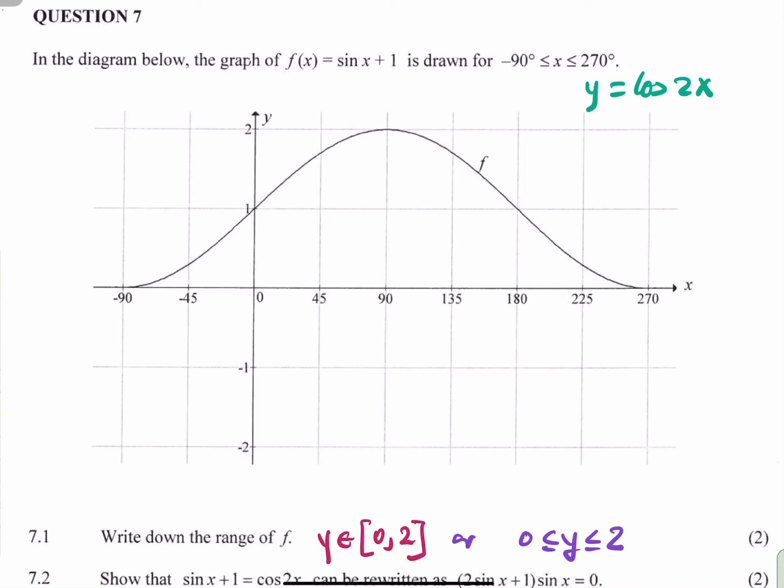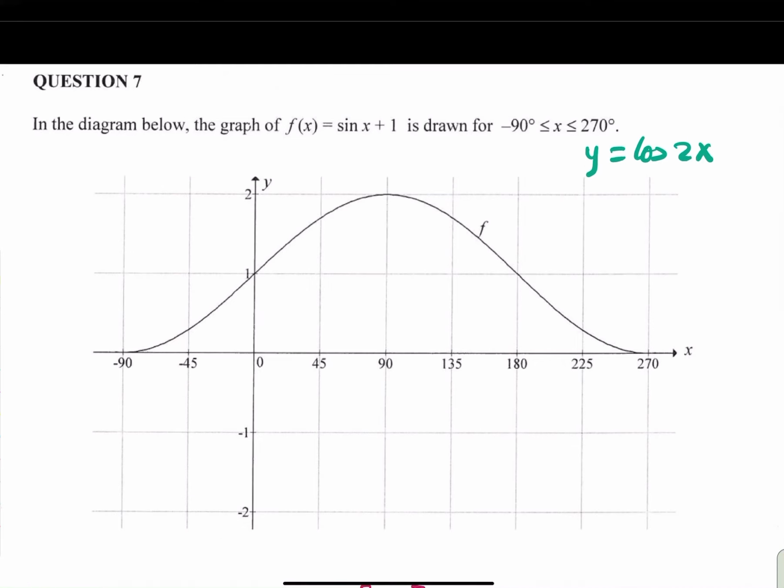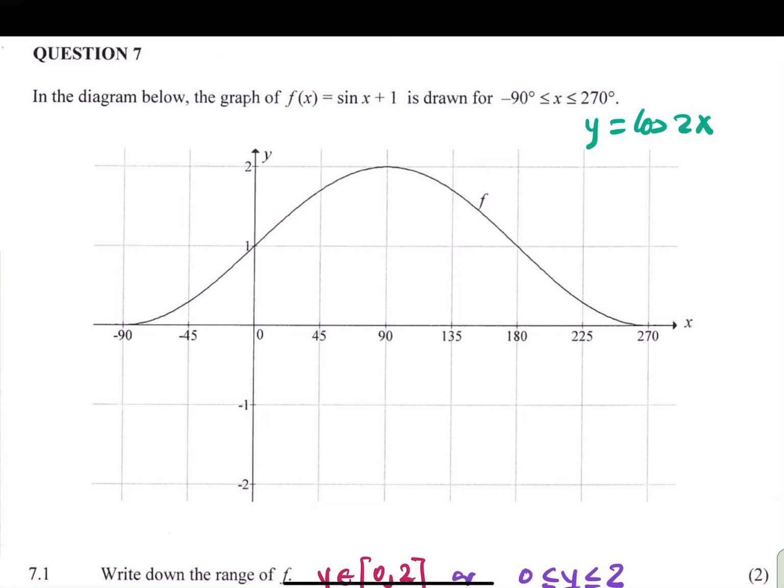So I'm not going to struggle. I'm going to start at negative 90. I'll say cos of 2 times negative 90, and I'm going to get the y value there. Let's see. I'm just going to use my calculator. So it's cos of 2 times negative 90.